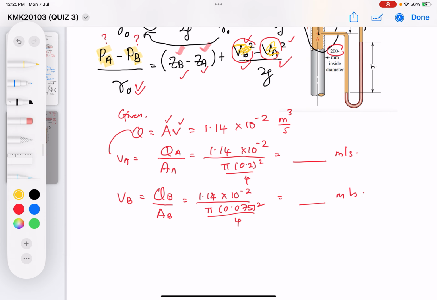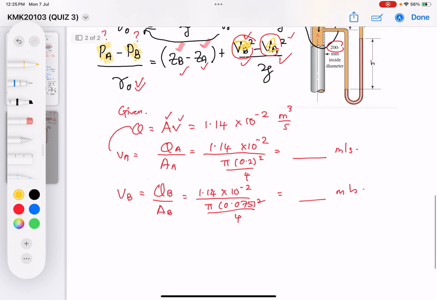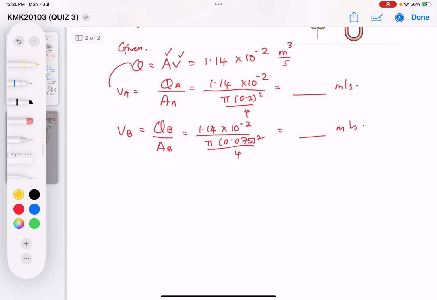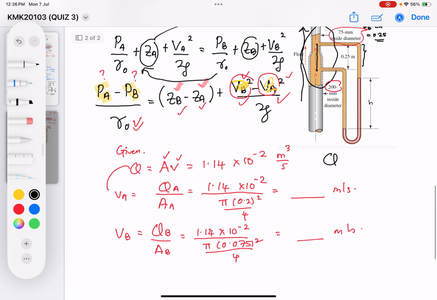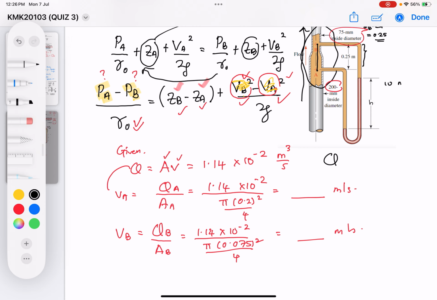But instead, they gave me the flow rate. Theoretically, I assume everybody should know that the flow rate is always the same inside the pipe. So if the flow rate of oil entering into the pipe was 10 meter cube per second, at any given point, the flow rate is always the same.